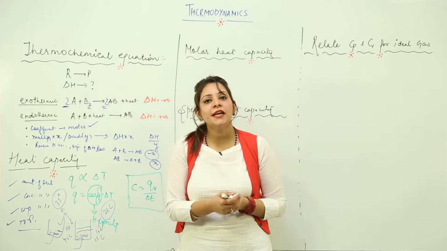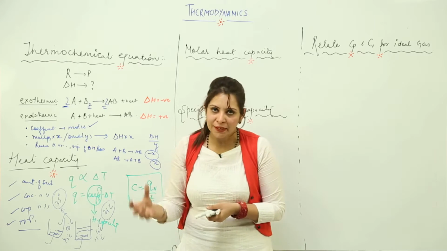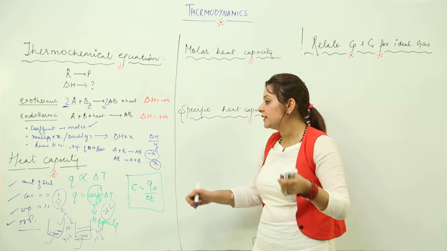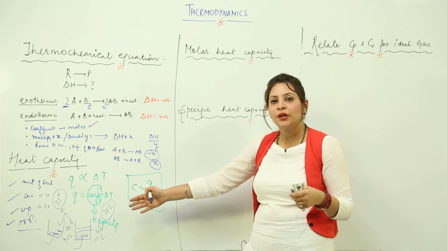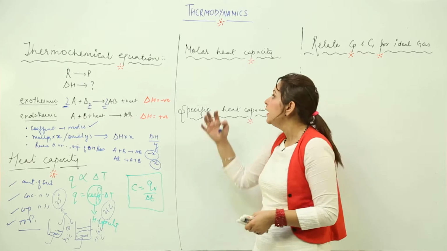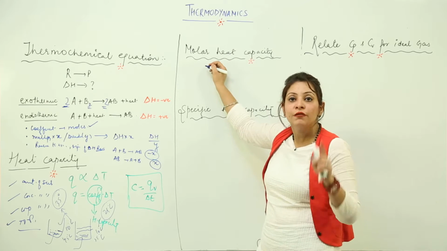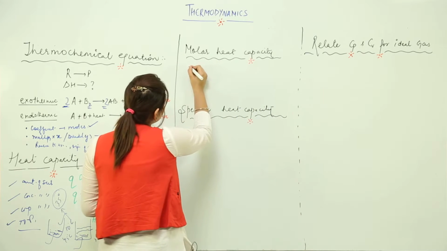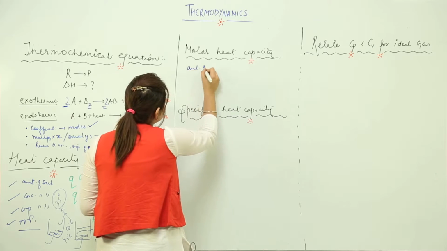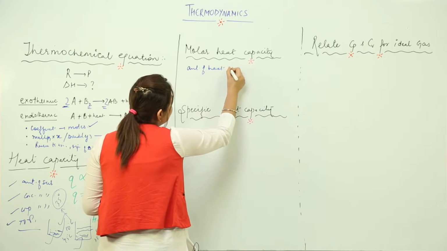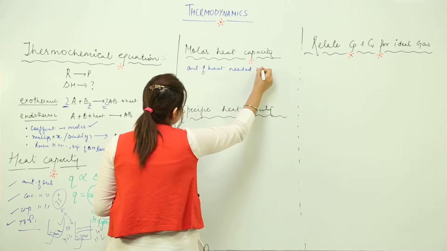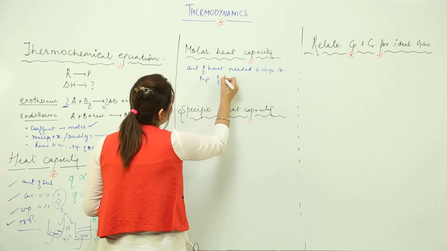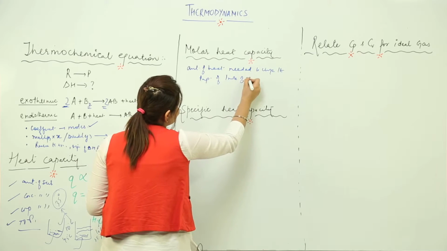Now we can take the heat capacity as molar heat capacity also, right. So see, it is nothing but just in this case, like here we are supplying heat to a general substance, here we will be supplying heat to 1 mole of substance. So molar heat capacity is nothing but the amount of heat needed to change the temperature of 1 mole of substance.